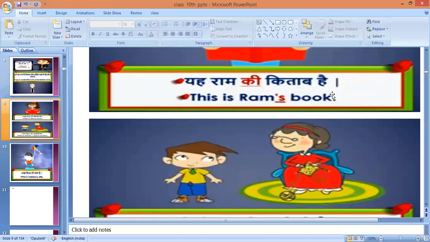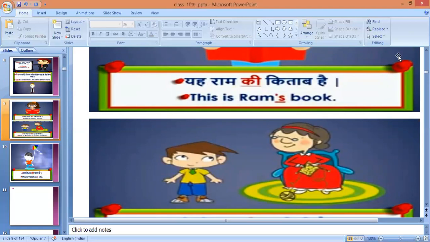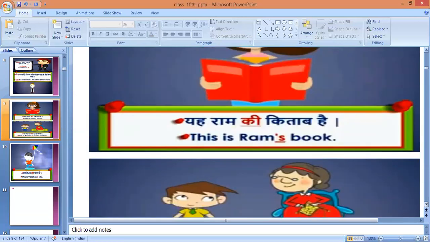Here you see that kitab is a striling shabd, a feminine word.